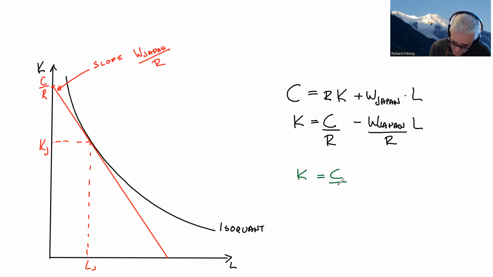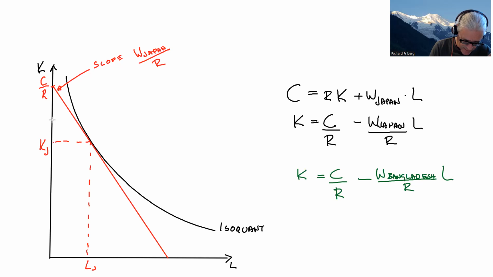So just use C for that, R, the rental rate of capital. We assume for simplicity that that's the same in both countries, okay? And then we have wages in Bangladesh over the rental rate of capital times the amount of labor used in Bangladesh. Okay.